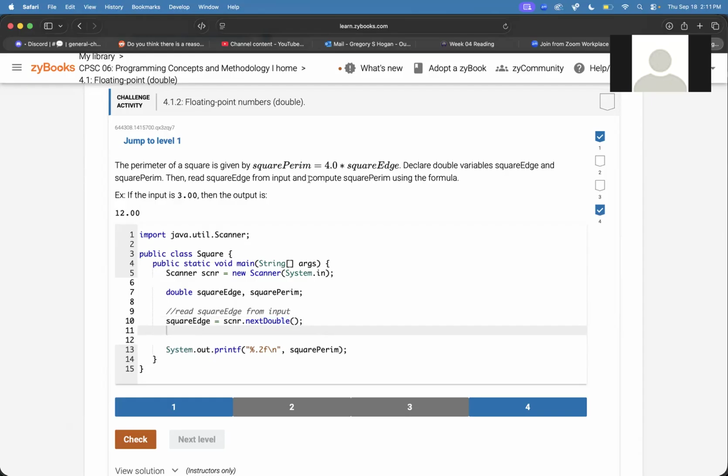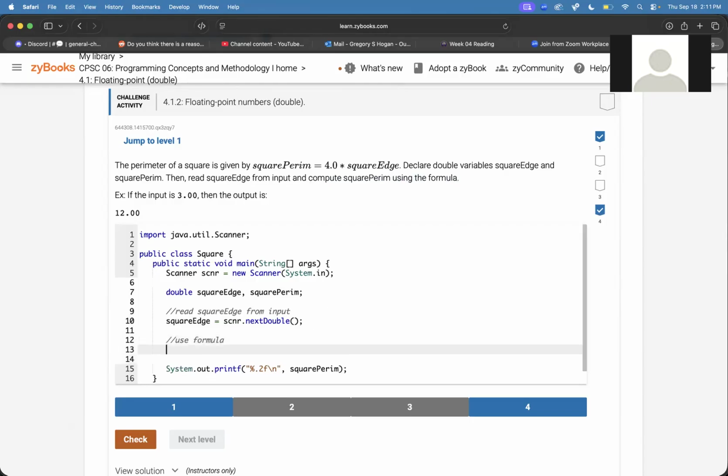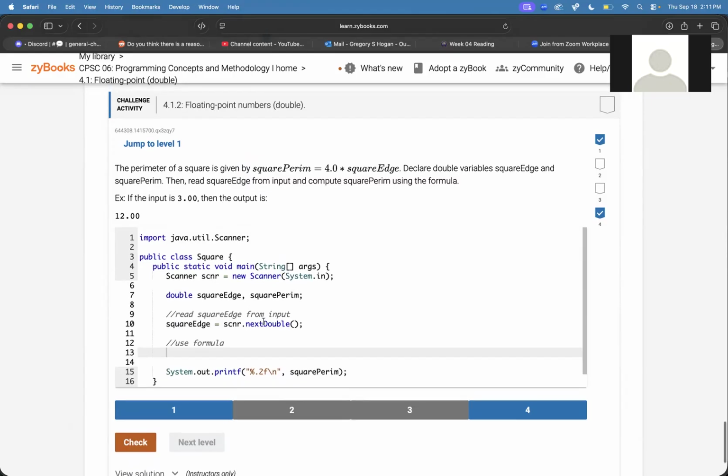And the next thing is compute square perim using the formula. So now we need to use the formula that they gave us in the problem, which is here. They don't let us copy paste it, so I'll have to type it.